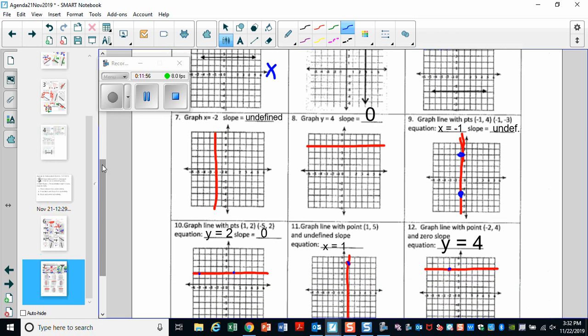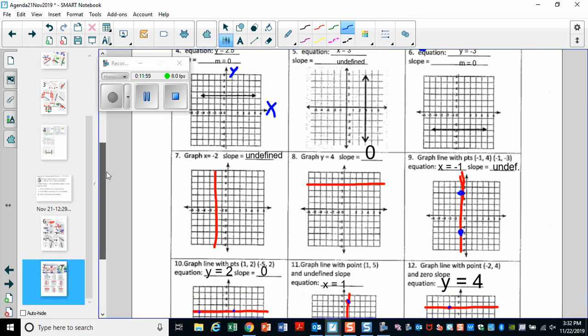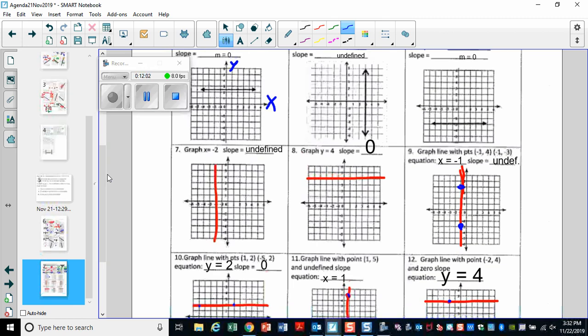And then from there, so 4, 5, 6, 7, 8, 9, 10, 11, 12, you're either describing a vertical line, which is basically all the odd numbers, or a horizontal line for all the even numbers. And again, horizontal line, 0 slope. Look where the horizontal line crosses the y-axis. Vertical line crosses the x-axis. That's your x-intercept, and you have an undefined slope.